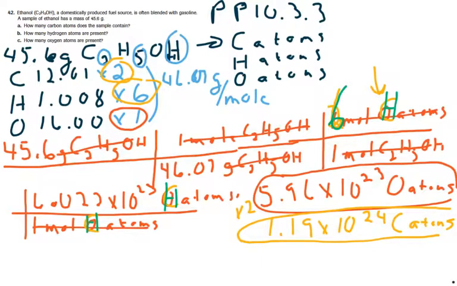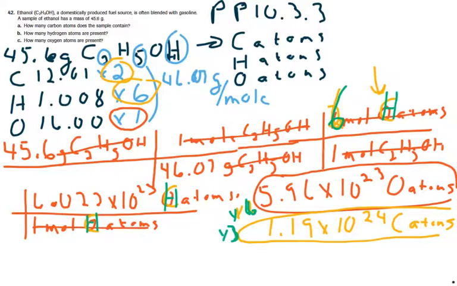So we could take that first answer times 6, but if you still have that second answer on your calculator, you can use that and just multiply it by 3, because we'd already multiplied by 2, and times 3 gets us to 6.